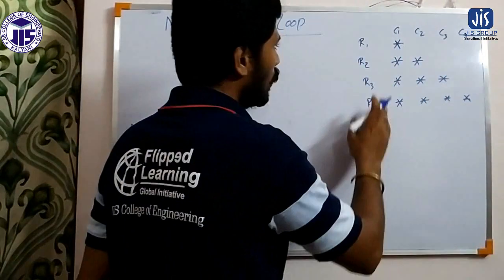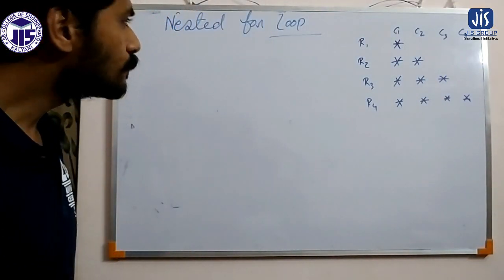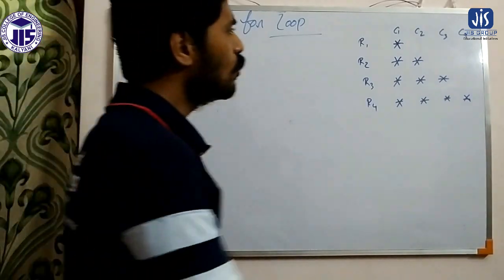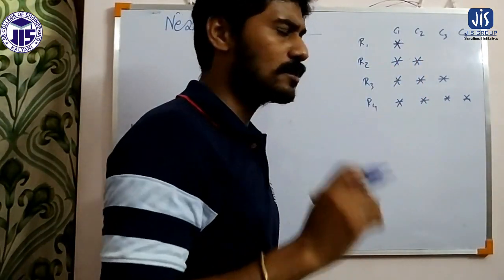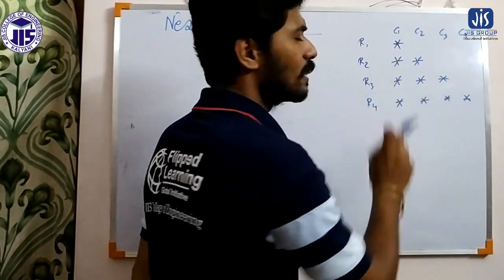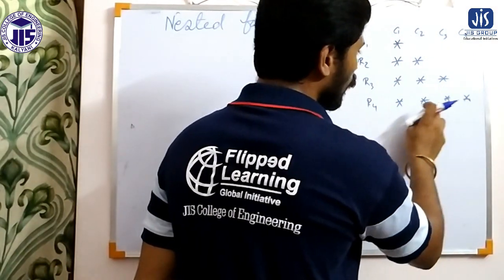Now in row 1, only one element is there. In row 2, 2 elements are there. In row 3, 3 elements are there. In row 4, 4 elements are there.